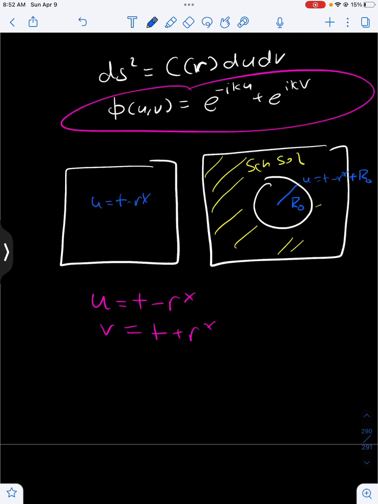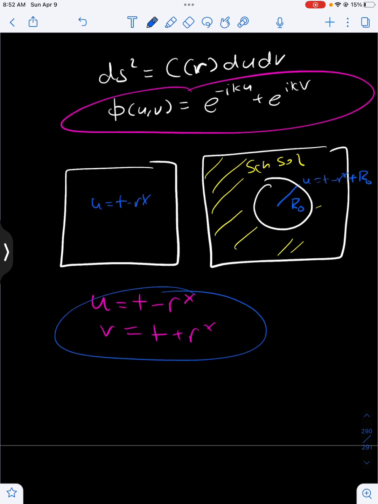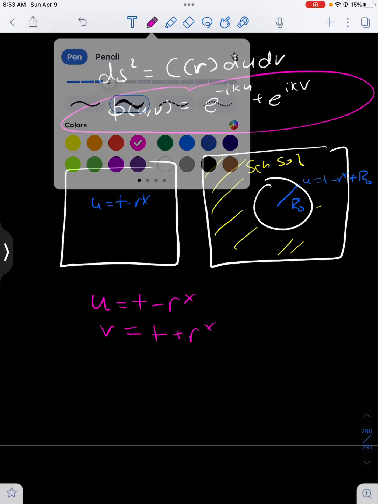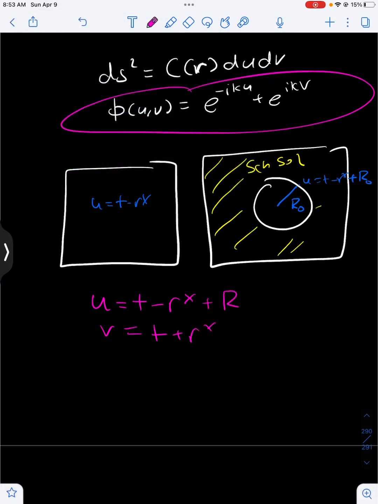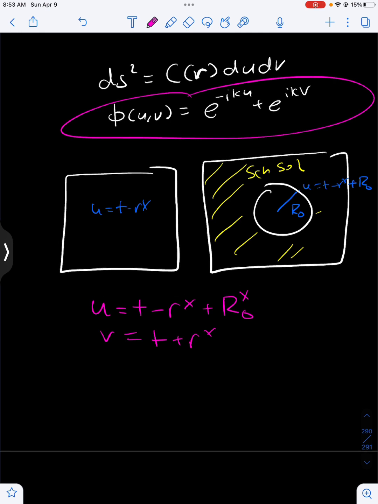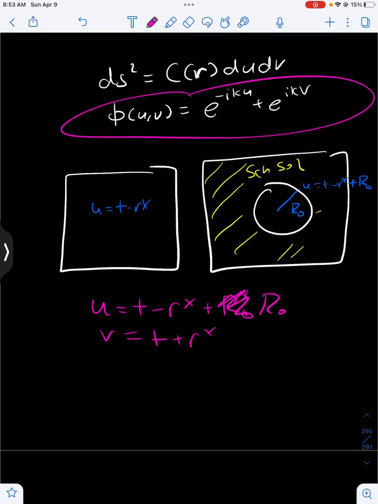So now if you have a sphere, these coordinates are modified. We're going to have a plus r conjugate naught. We can't just say plus r naught because this is not in the tortoise coordinates. To keep things consistent, we have to write out the radius in terms of a tortoise radius.